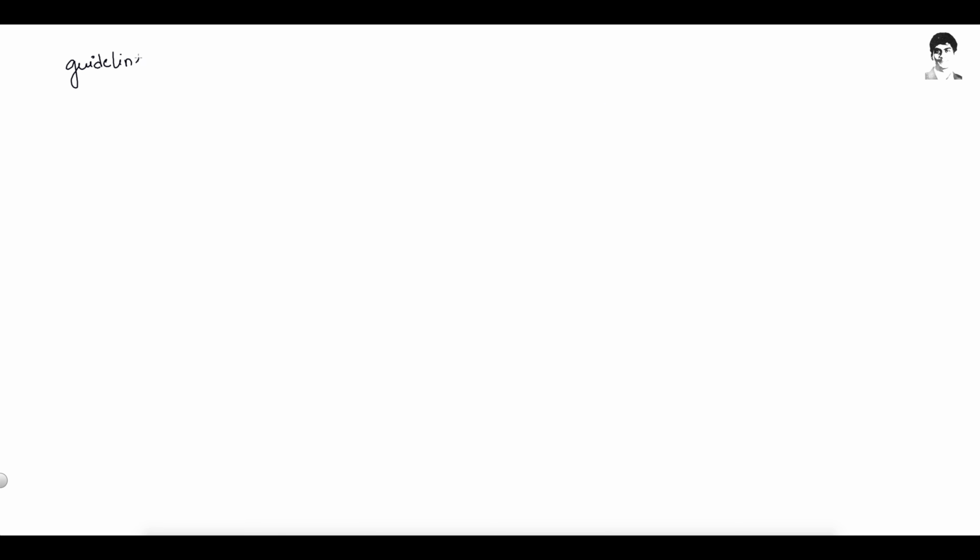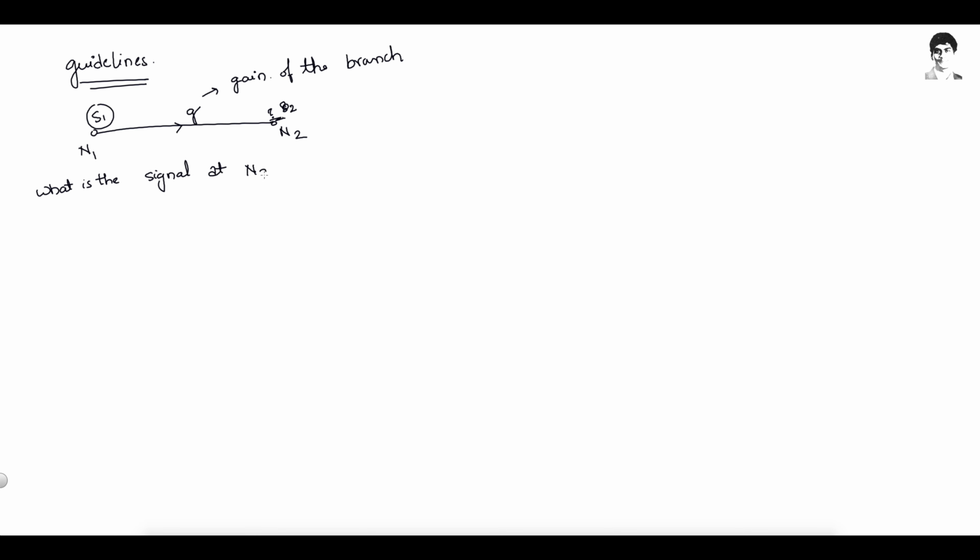For guidelines, first we will look at two nodes, say N1 and N2, and these nodes are in series, okay? And the transmittance or the gain that is happening here is G. The signals at nodes N1 and N2 are S1 and S2. So what is the signal at N2, right? In this case, you will just multiply the signal at the input with the gain of the branch.